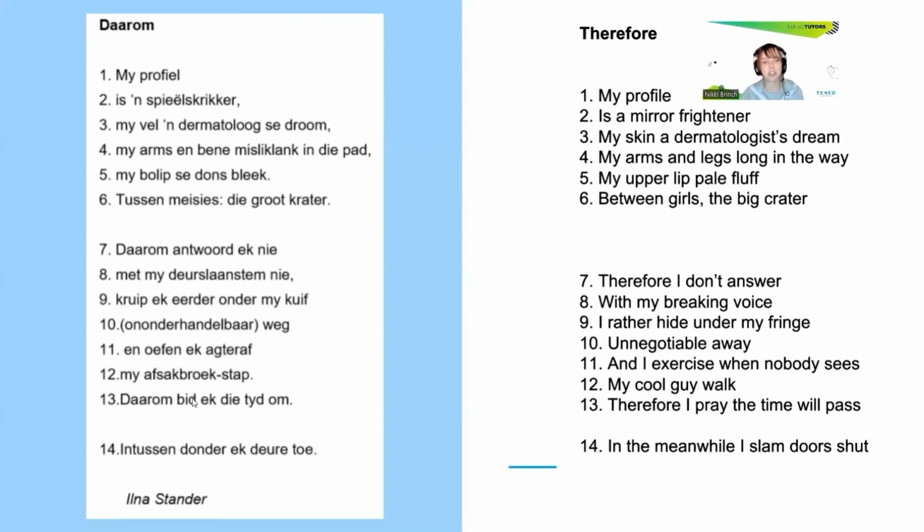And then in line 14, intussen donder ek deure toe. What does that refer to? So here it's to emphasize frustration. In general, in Afrikaans, we don't use the word donder in a sentence unless you are referring to thunder. Thunder is donder weer, and you can say dit donder buite. It is thundering outside. But with donder as a word, in Afrikaans, it can almost be a swear word.